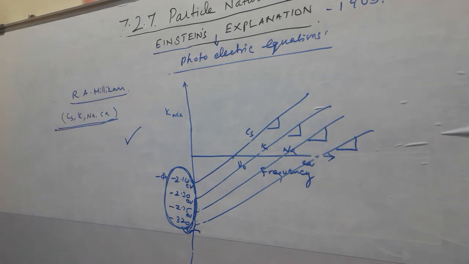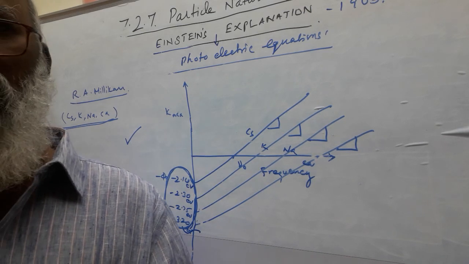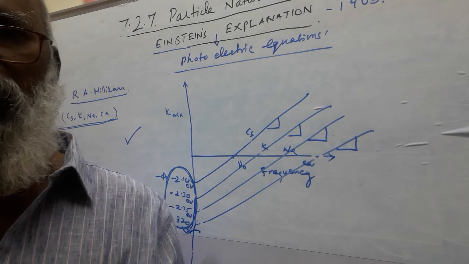This is a very interesting question: how did Einstein succeed in explaining the photoelectric equation? I hope you understand the question and the concept explained by this experiment clearly.